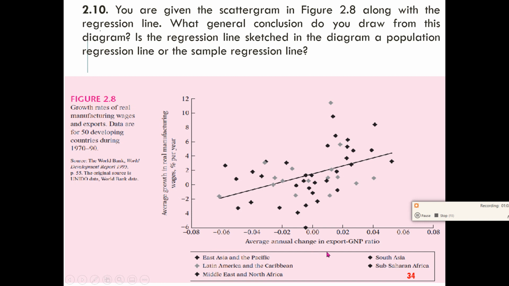That actually it's the change in export to GNP ratio that is on the x-axis. I have the average value of change in export to GNP ratio, whereas on the y-axis I have average growth in real manufacturing wages per year. So what's it saying? That overall there is a positive relationship between growth in real manufacturing wages and the growth in export to GNP ratio.